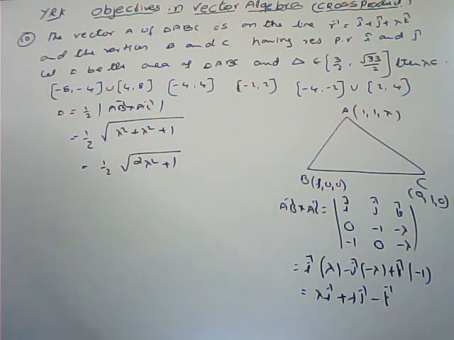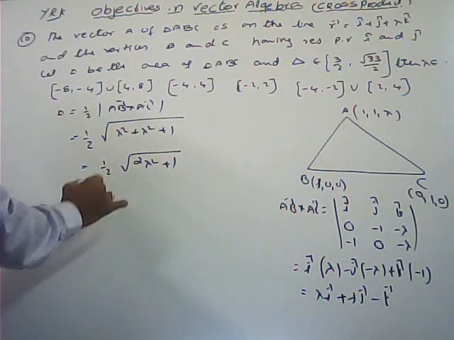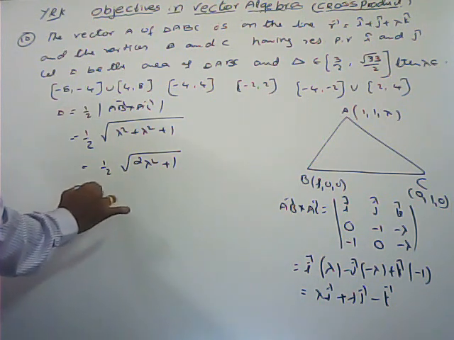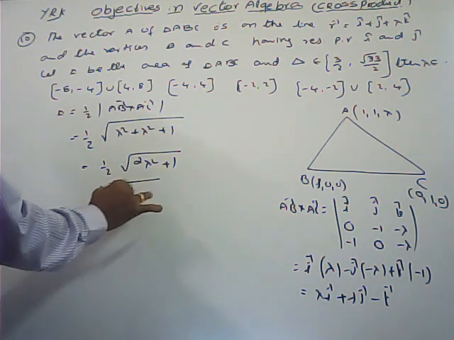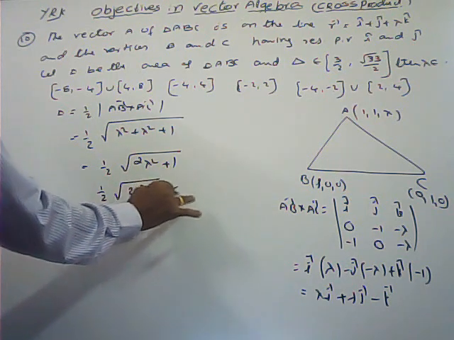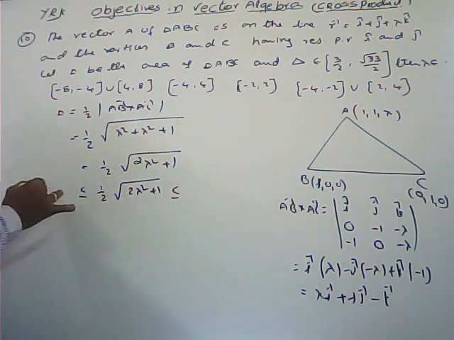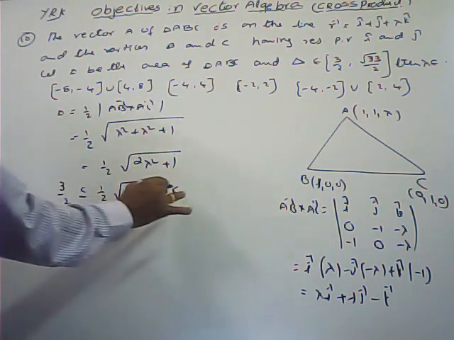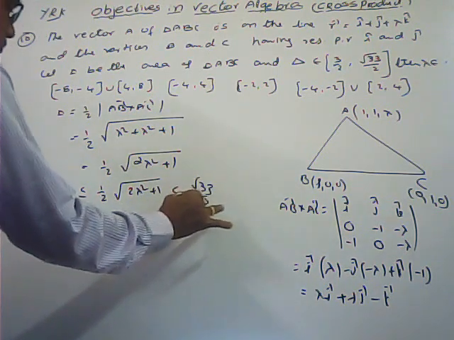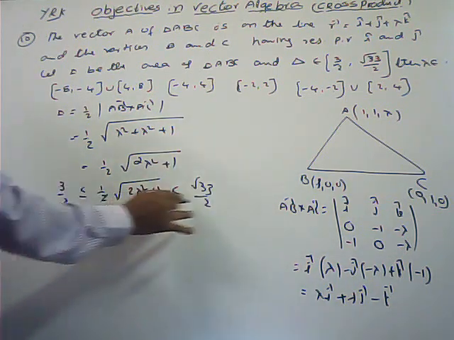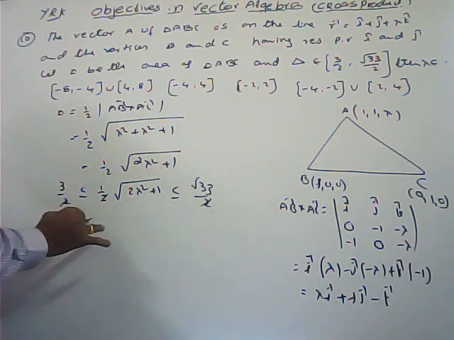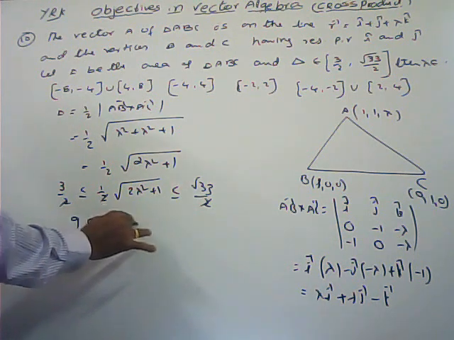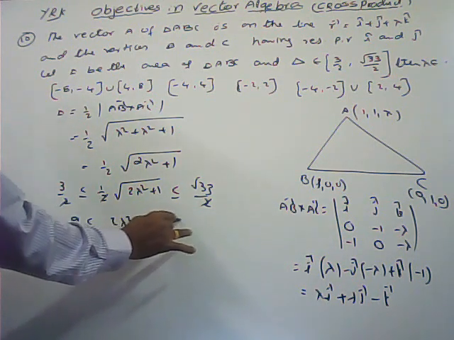Here we got root of 2 lambda square plus 1. What is given? The area lies in between. So half into root of 2 lambda square plus 1 lies in between 3 by 2 and root 33 by 2, both positive values only. So we can cancel 2 and take the squares: 2 lambda square plus 1, that is 33.